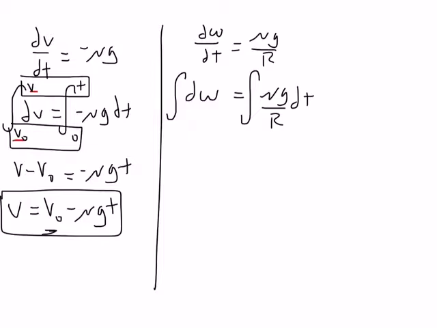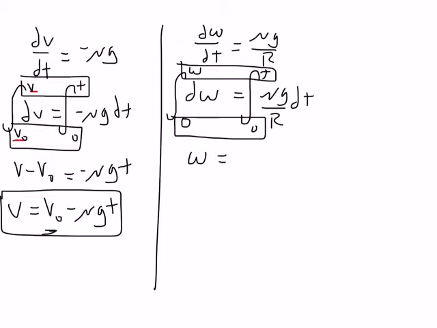So omega, before it hits this surface with friction, it's not rotating at all. So we have 0 angular velocity initially, and at some time later it's that function omega that we're solving for. And so again, we're still integrating from 0 to some time t, and so once again these are sort of paired up. So our left side is straightforward, it's just omega, and our right side is the same sort of thing, right? Mu g over r times t. So omega, right, is this function.